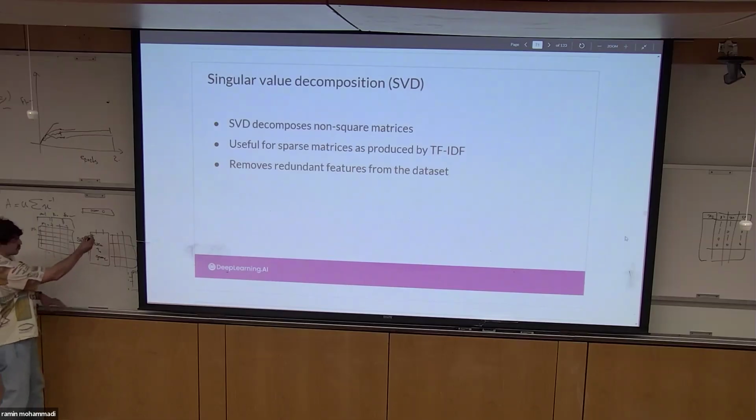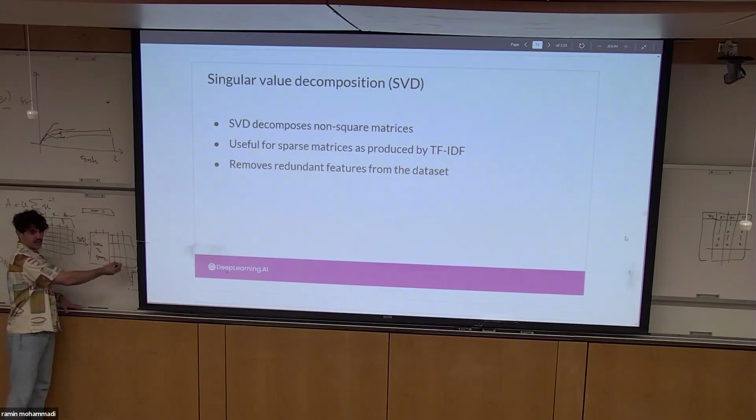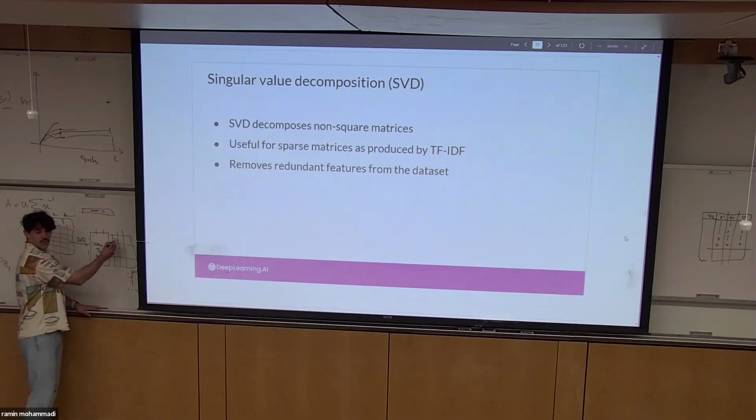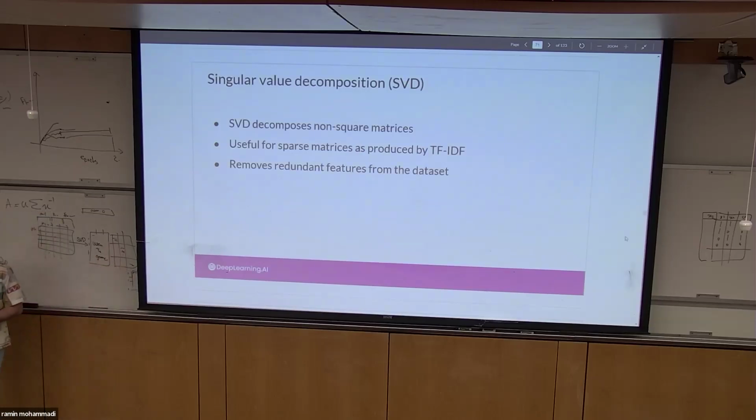So this becomes a sorted diagonal matrix, and the genre that has the highest ranking overall will get the highest score, then the second one, and the third one, and so on.